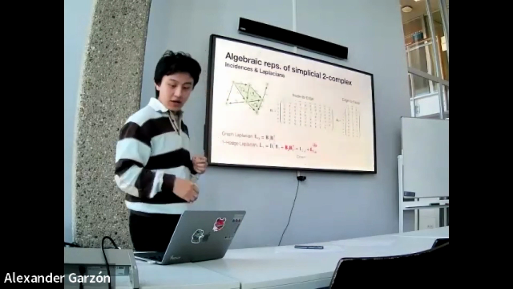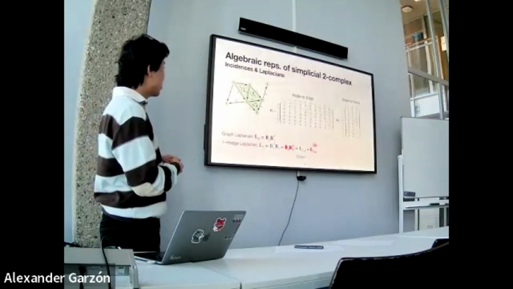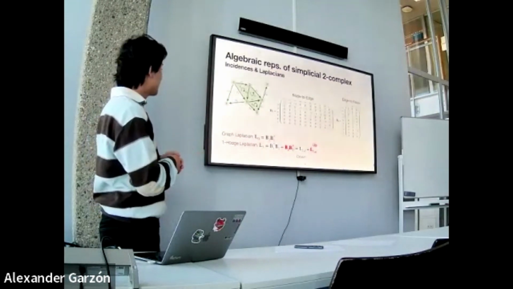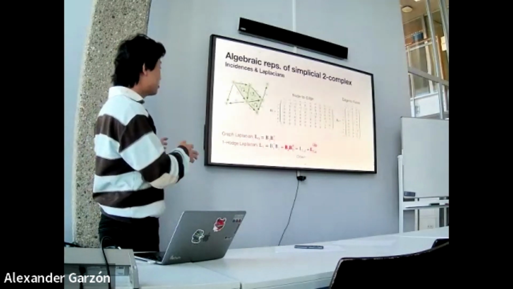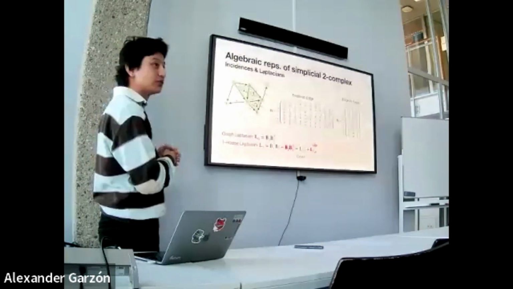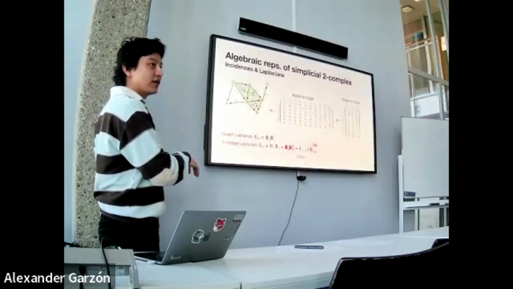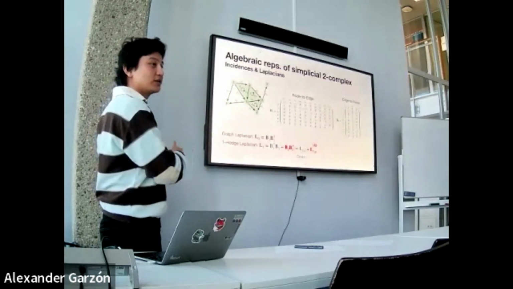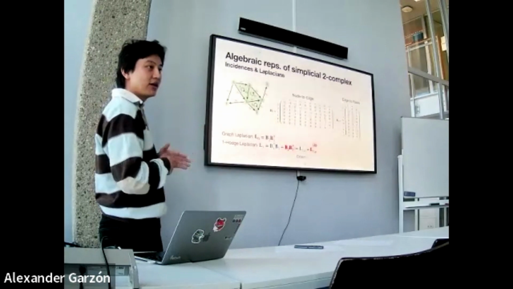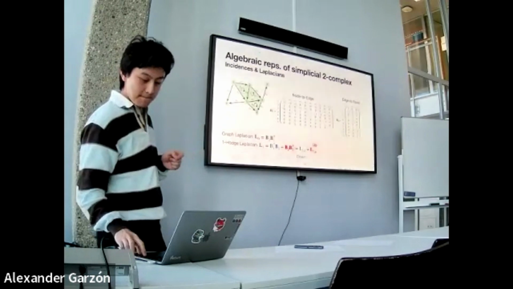Out of this, you could build the graph Laplacian as B1 times B1 transpose, and the one Hodge Laplacian, B1 transpose B1 plus B2 B2 transpose. I have different colors indicating the two parts of this Hodge Laplacian, the connections via nodes and via triangles. This later affects how we process things.